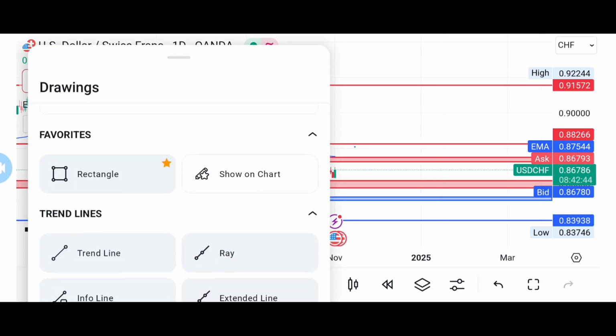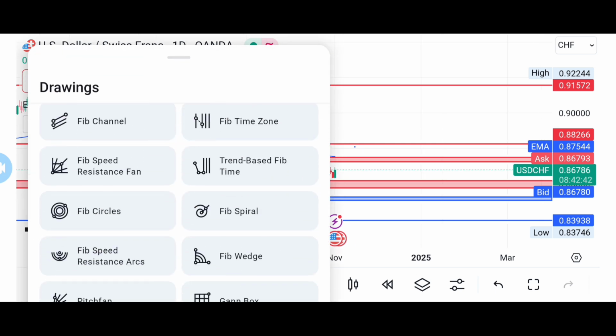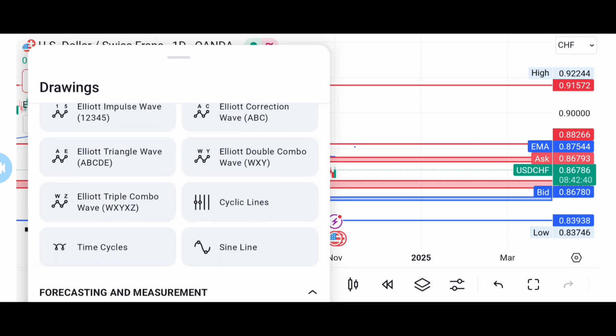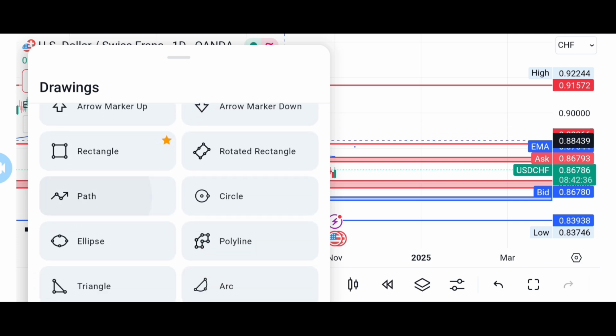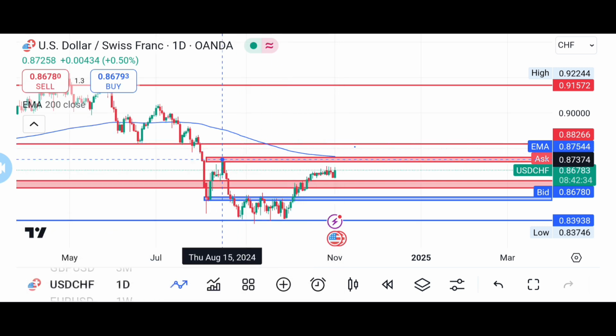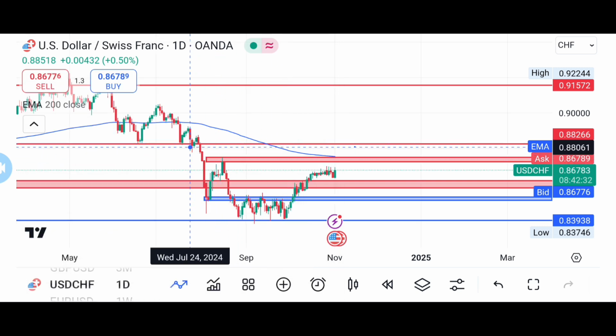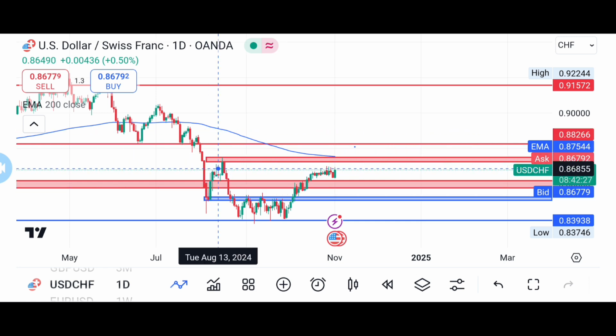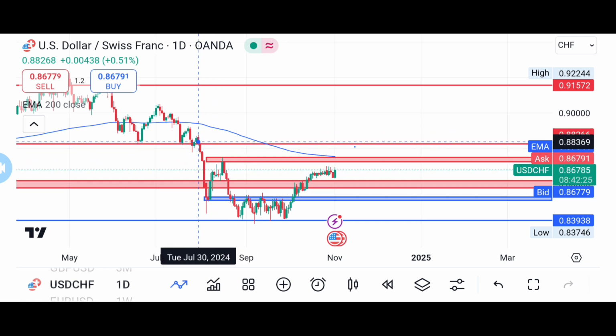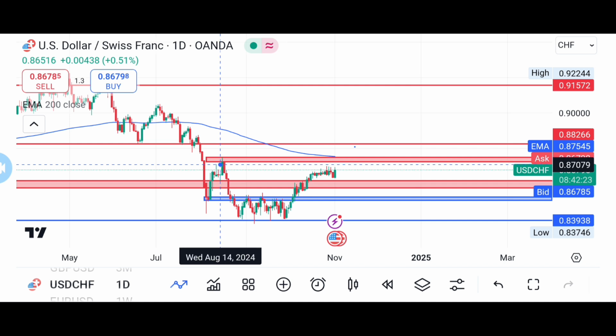This is our current resistance in daily. You can see the market was forming lower low, lower high, lower low, lower high. So this one was the lower low, lower high than this one. Okay, see, this is the current resistance.